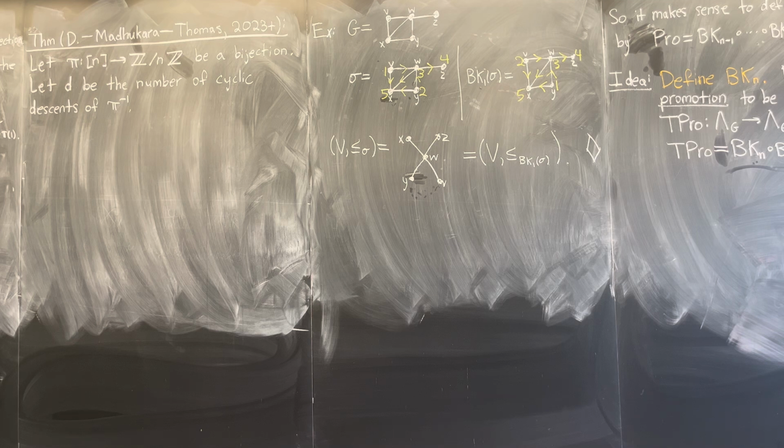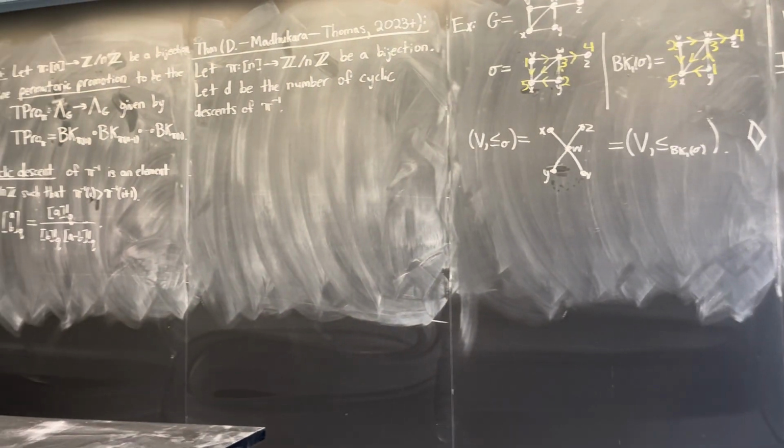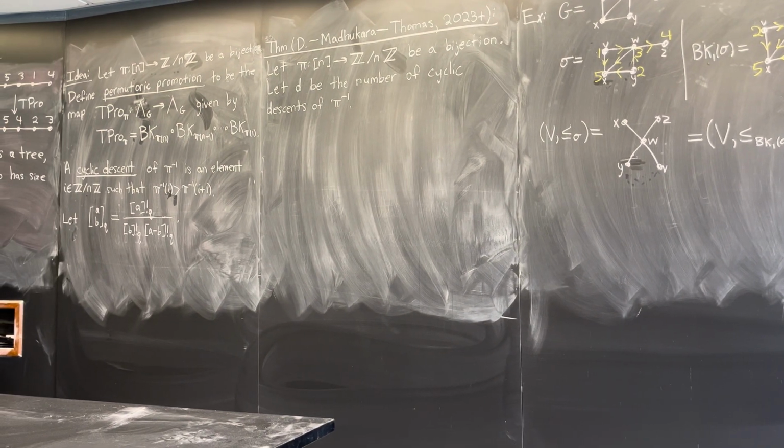Then the number of cyclic descents is the number of counterclockwise arrows, or clockwise if you draw it the other way. So it keeps track of the number of counterclockwise arrows if you associate some acyclic orientation of the cycle to this. But anyway, okay, so we have this.